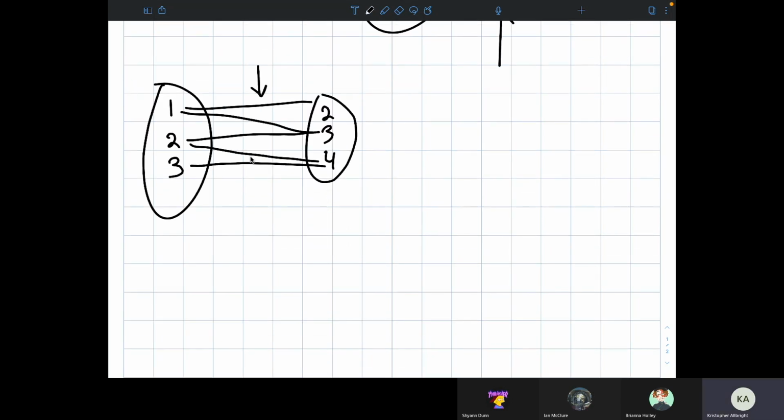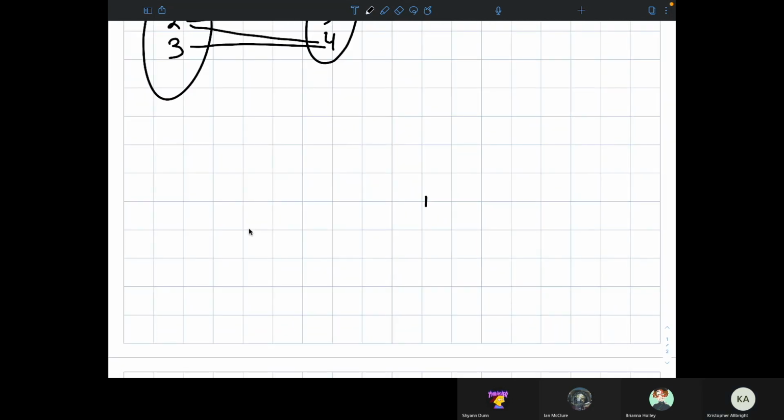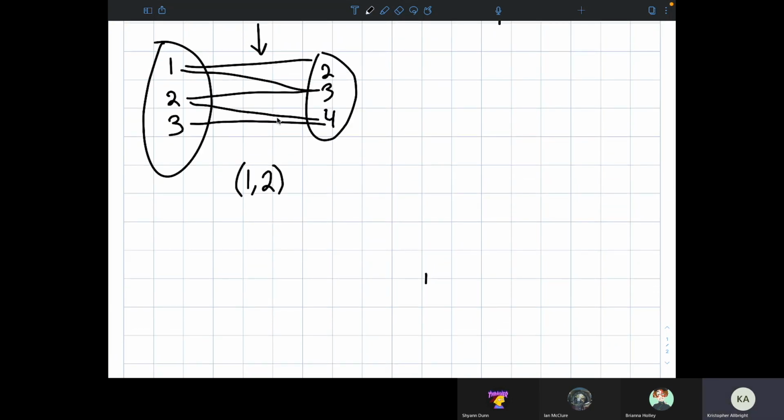We can also write this in a different way. We can write it as 1, 2, because of this relationship right here, 1 is related to 2. We can say 1 is related to 3. 2 is related to 3. 2 is related to 4.